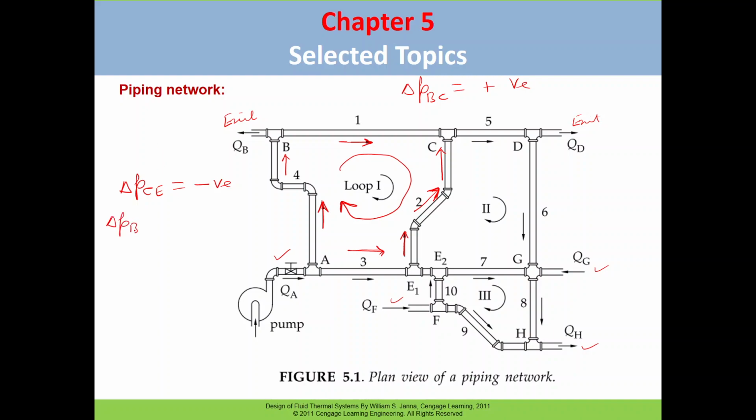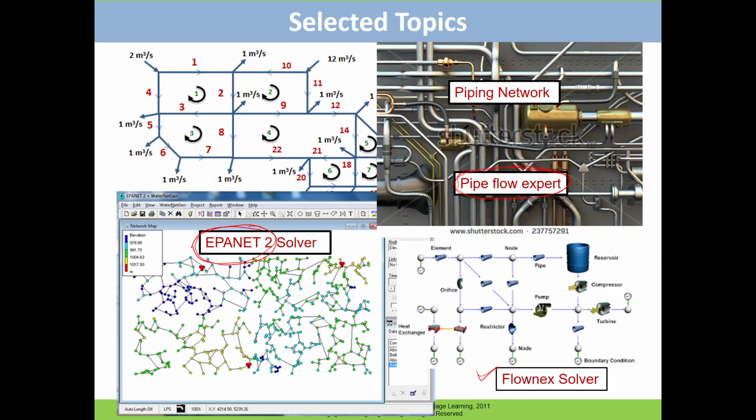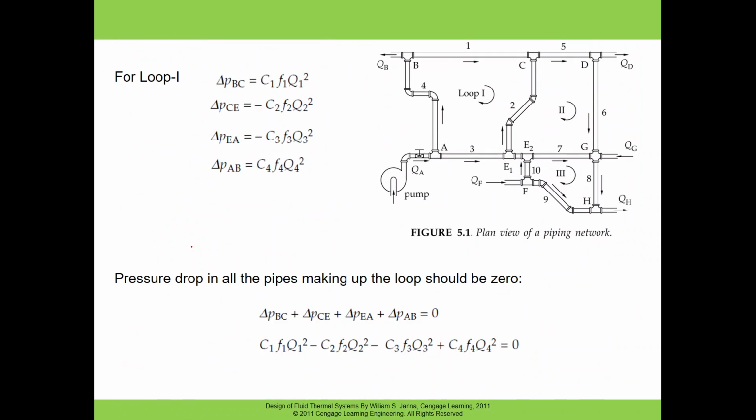So basically delta P BC, and then because the other is opposite direction, this will be minus delta P CE, and then this is again opposite, so this is minus delta P EA, and then plus delta P AB, so this is all equal to 0. This we will talk about later on.